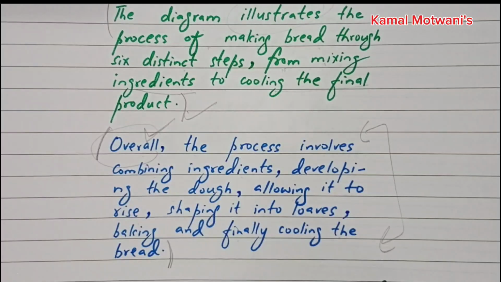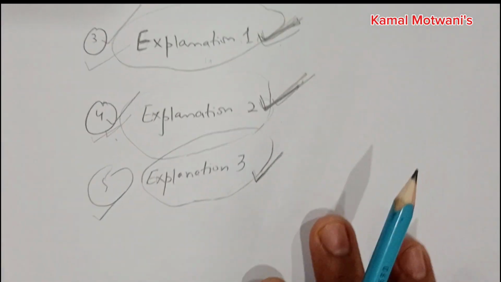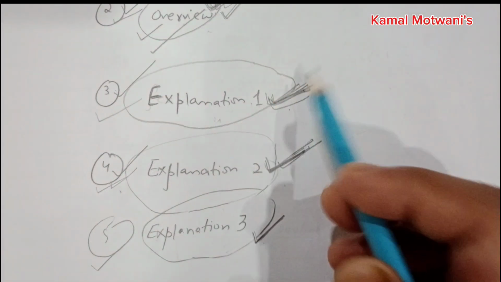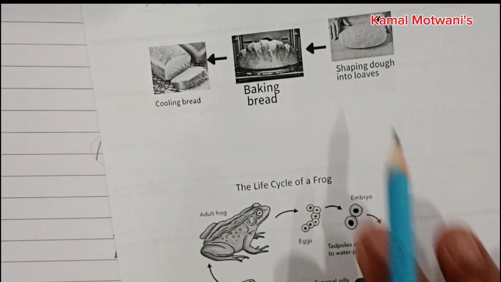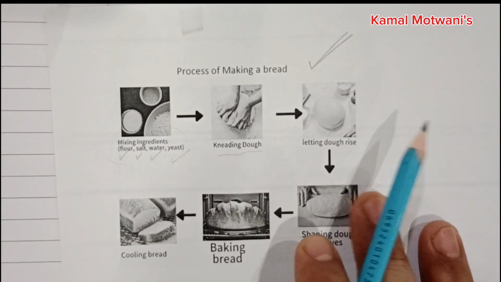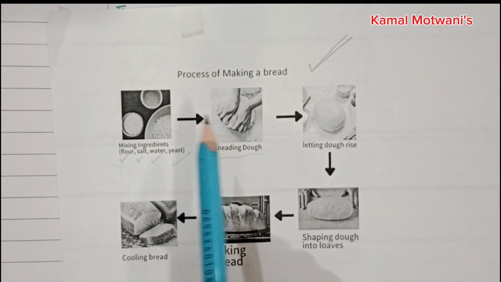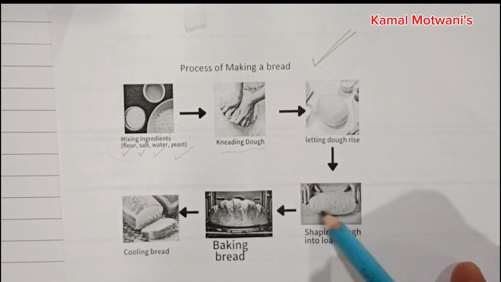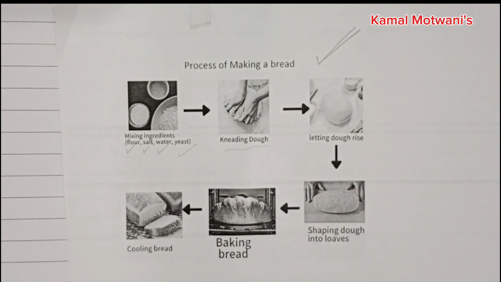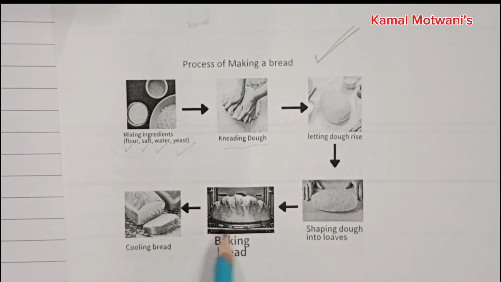Then what we will do in the third paragraph, we will write explanation 1. In explanation 1, I have written the description of these two steps. In the fourth paragraph, pertaining to explanation 2, I've written these two steps, and further in another paragraph I explain these two steps.